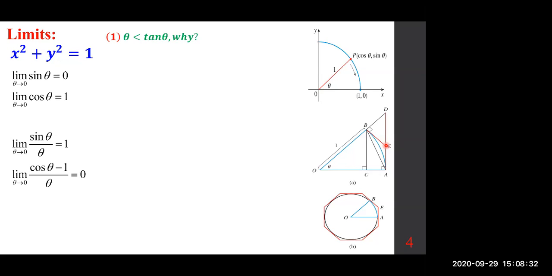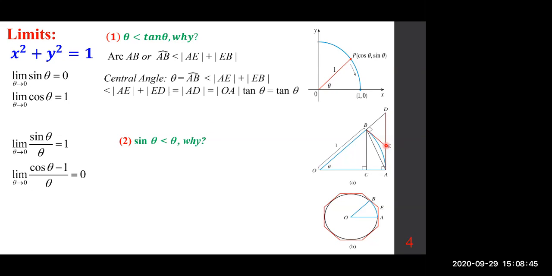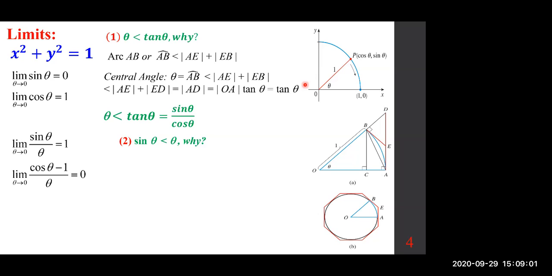I showed you in that triangle. Sine theta is less than theta. These are the two that we are going to combine. So I went over how arc AB ends up being less than this line segment AD. This is the synopsis of that. And therefore, arc AB is less than tan theta, and so theta is less than tan theta, and we know tan is sine over cos.